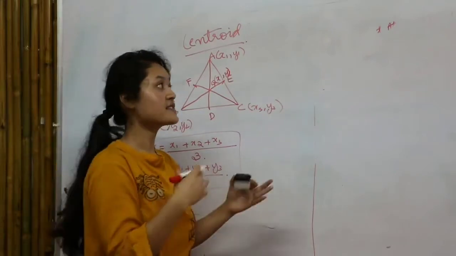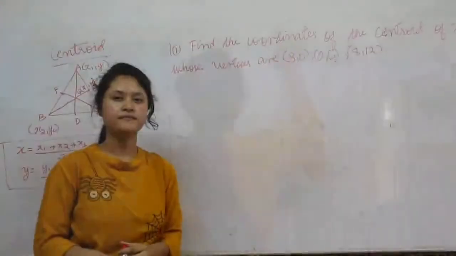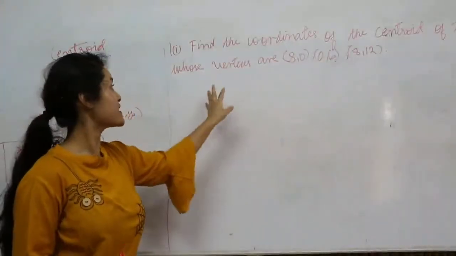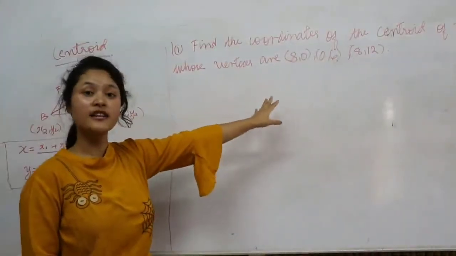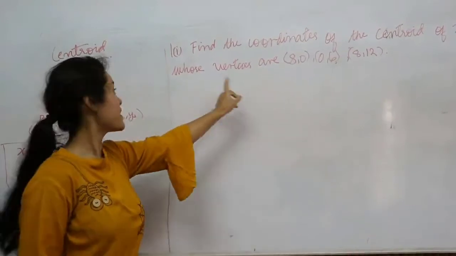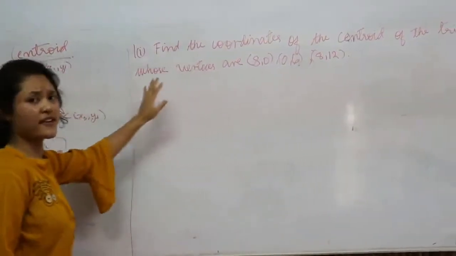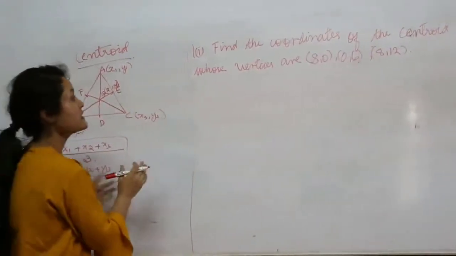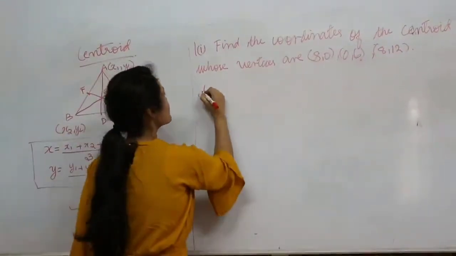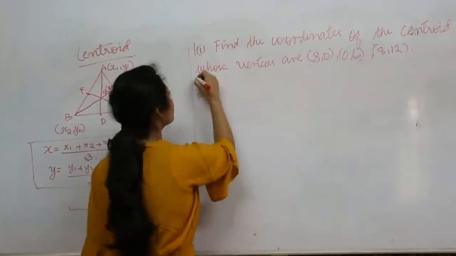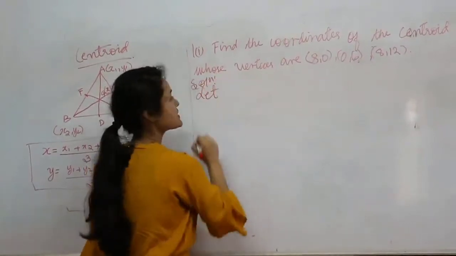So let us solve some exercise. Let us see this question. We have to find the coordinates of the centroid of the triangle whose vertices are given by these. So this is just a direct application of this formula. So we just describe these vertices.